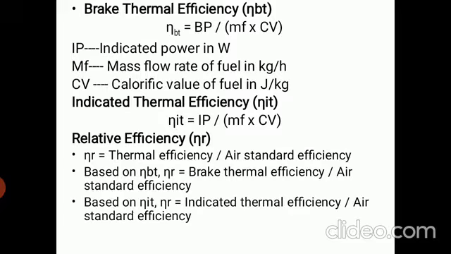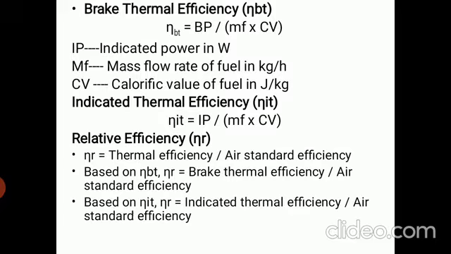Then indicated thermal efficiency means the ratio between indicated power and heat supplied. Relative efficiency means comparing indicated thermal efficiency with air standard efficiency, or brake thermal efficiency with air standard efficiency.